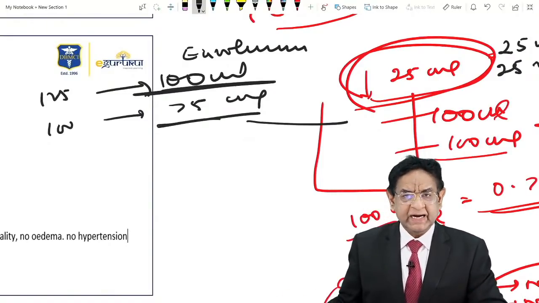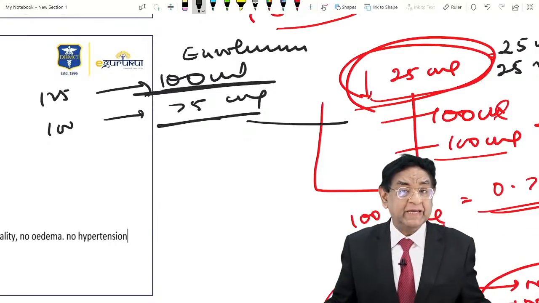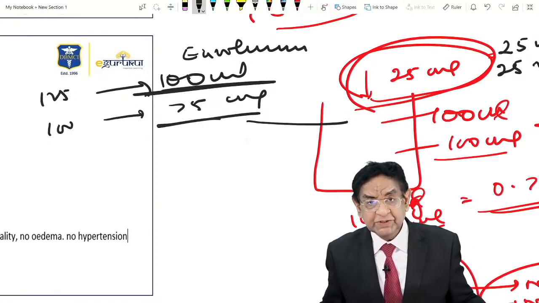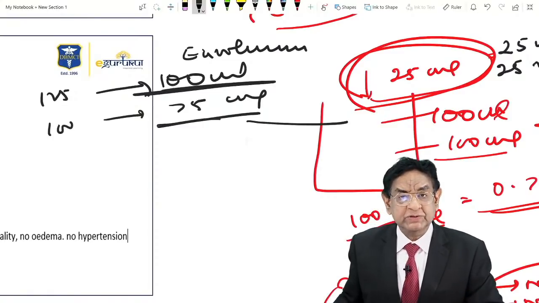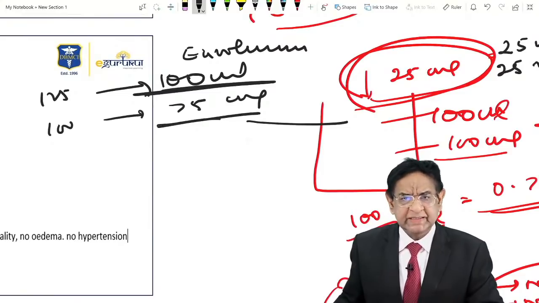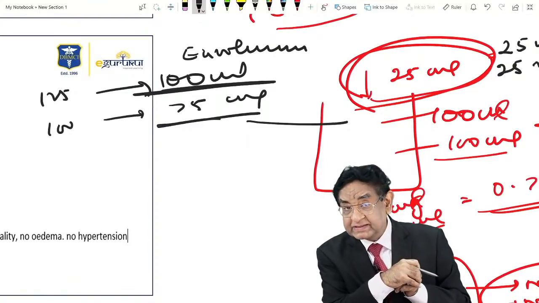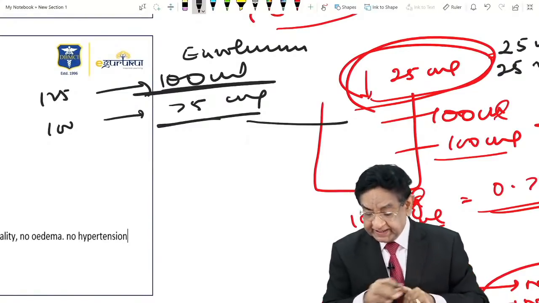It's slightly on the hypervolemia side, but not up to the level that it is going to produce edema. So there is relatively slightly more water, with total sodium almost in the normal range. This is the concept of SIADH.